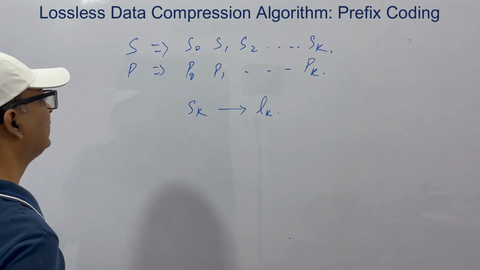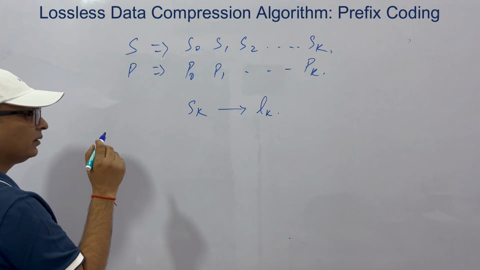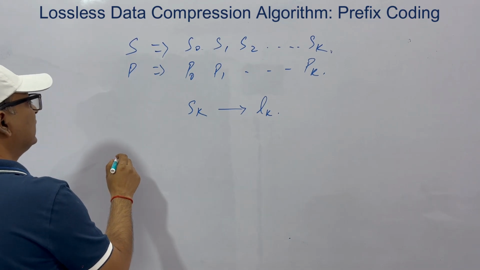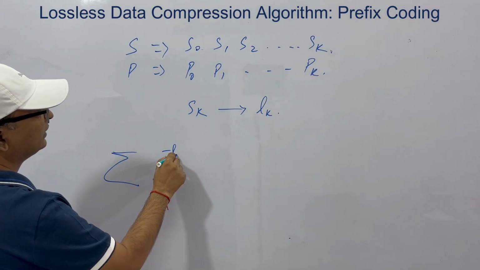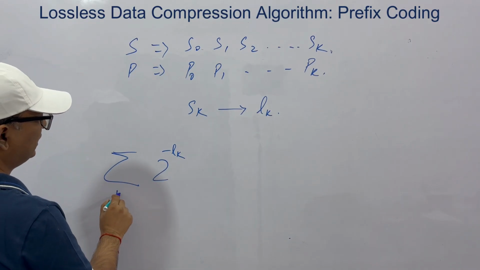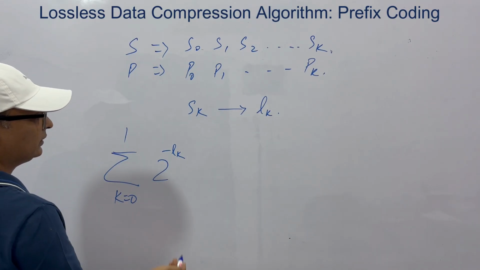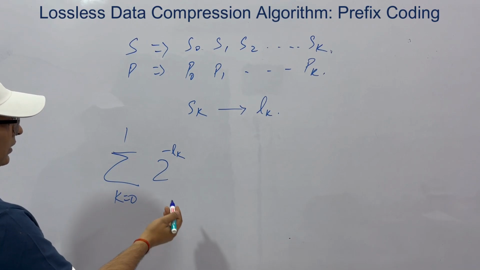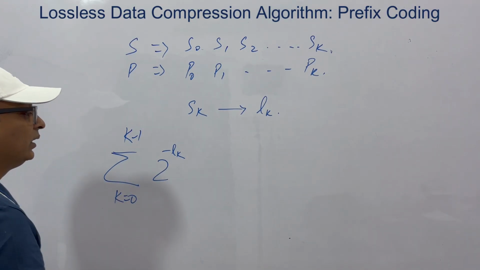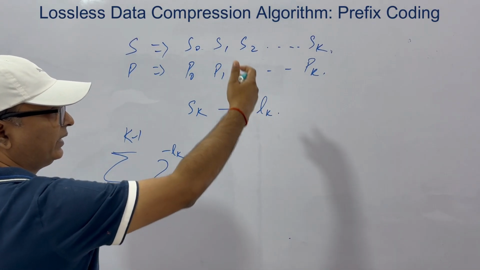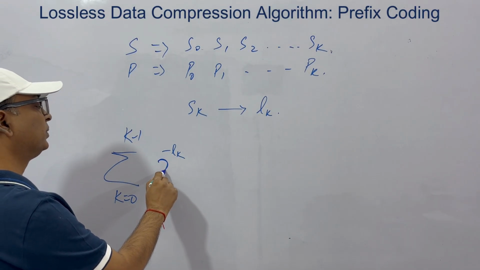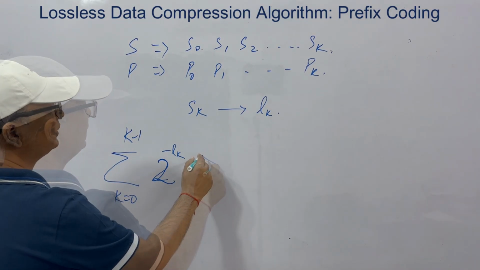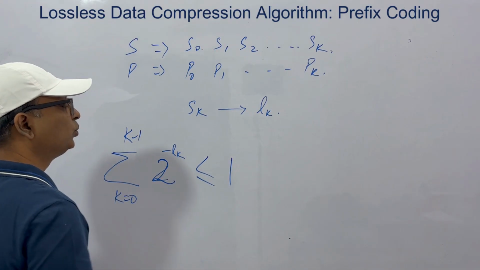Then according to Kraft inequality, it is a mathematical expression. It says if you take 2 to the power minus Lk, summation from k equal to 0 to K minus 1, you add all of them. For example, we had 4 values there. This value, 2 to the power minus Lk, is less than or equal to 1.